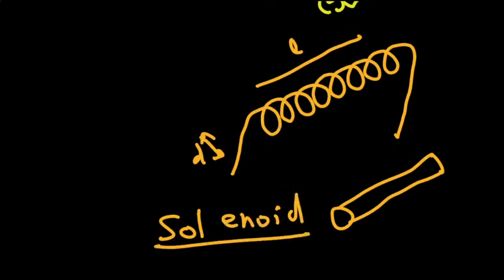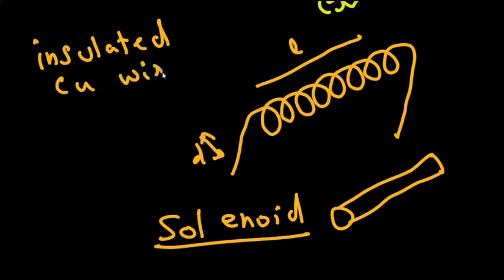So two things. The first thing, they said that it is insulated copper wire. So somebody will have to tell me, why insulated copper wire? Why do we use insulated copper wire? Why not anything else? And if I use copper wire, then why do I insulate it? Quickly.